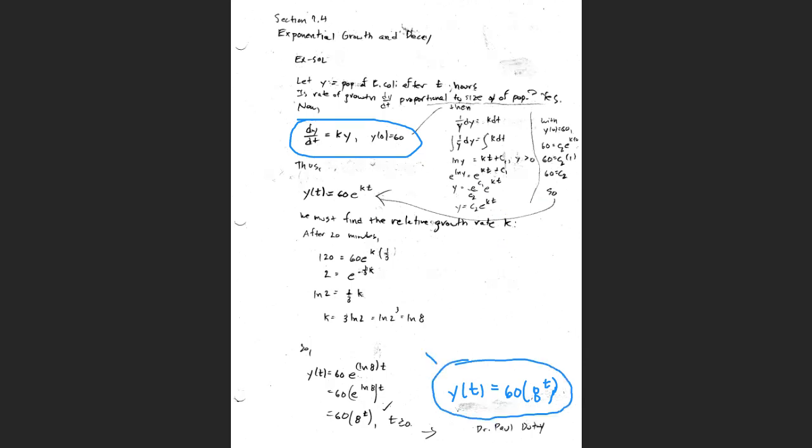How many recall seeing formulas like this in pre-calculus when you covered exponential growth? Formulas exactly like this. Sure, Mario remembers that, and D'Angelo remembers that, and Jan remembers that. But now that you're in calculus 2, you know where that comes from. That formula just didn't come out of thin air.